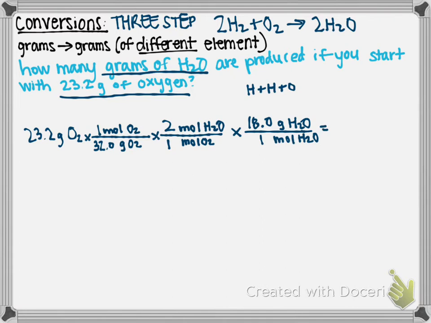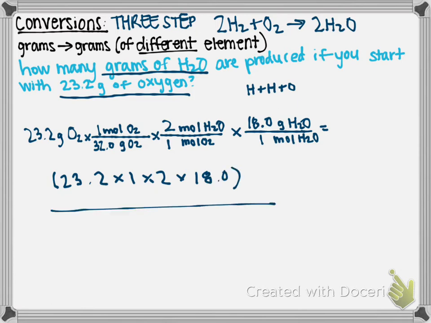So when you type this in, if you are typing it all in at once, parentheses, 23.2 times 1 times 2 times 18.0. All of that divided by, in parentheses, 32.0 times 1 times 1.